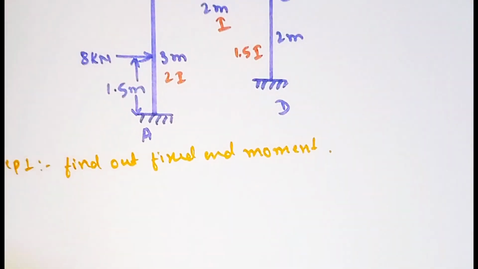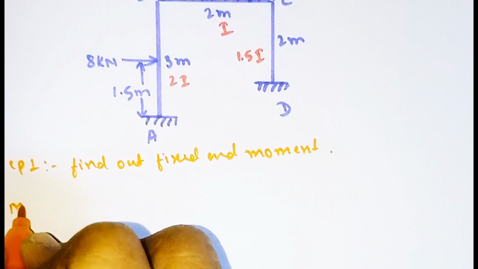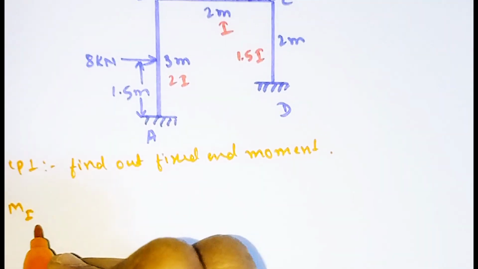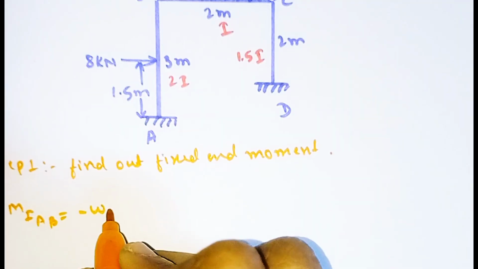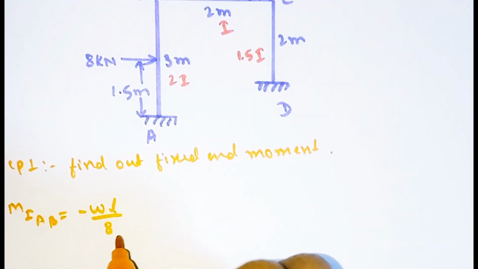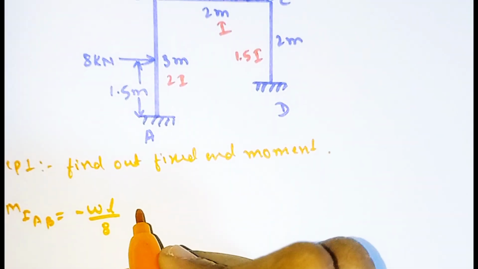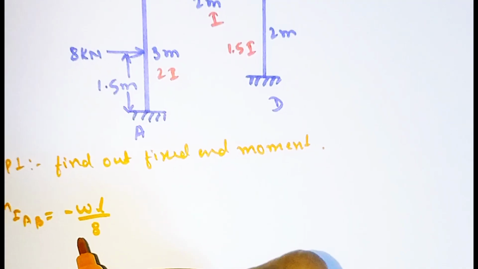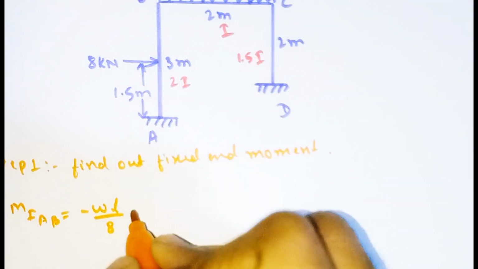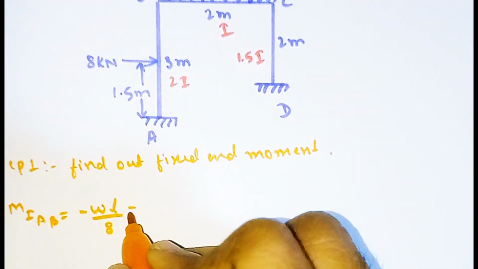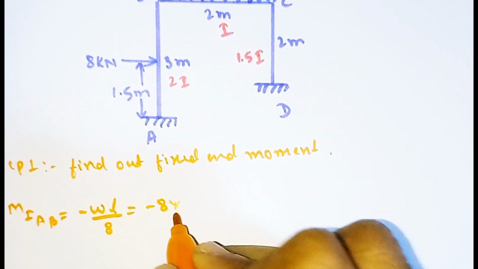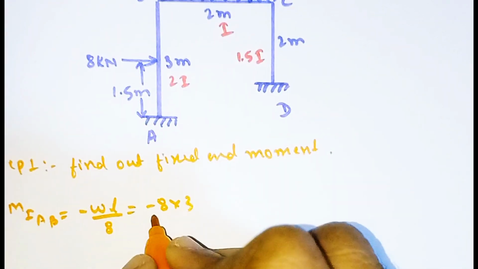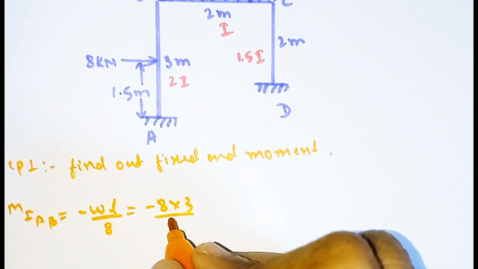So MFAB is equal to minus WL divided by 8. Substituting all the values: minus load 8 kN and length 3 meters, divided by 8.